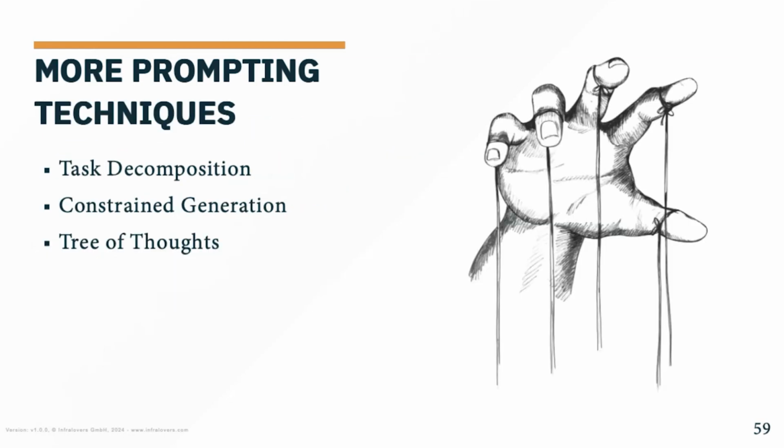Now, there are, of course, many more prompting techniques which can be used to optimize the model's performance for any specific task. For example, we have task decomposition, which will break down the complex tasks again into smaller, more manageable subtasks, like we heard in the chain of thought process.